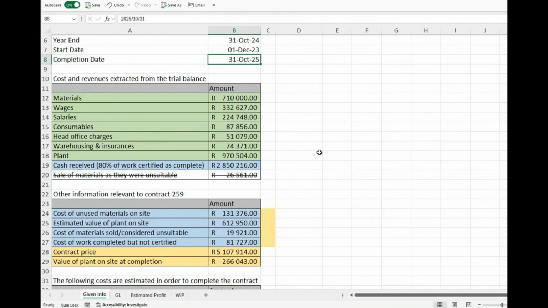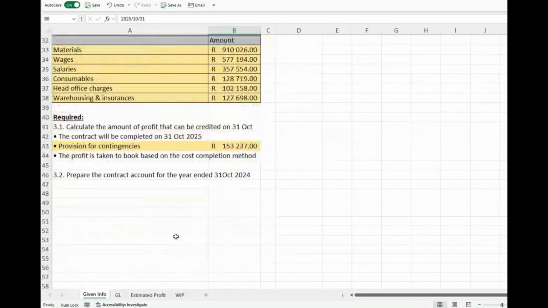Okay, because now, I mean, obviously that was part of your trial balance and you have this info, but you need to rearrange or recreate that general ledger that was used to get this information before you can get to the estimated profit. And then after that, you are able to prepare the contract account for the year ended 31 October 2024. I'm going to explain to you exactly just now why there are different colors here.